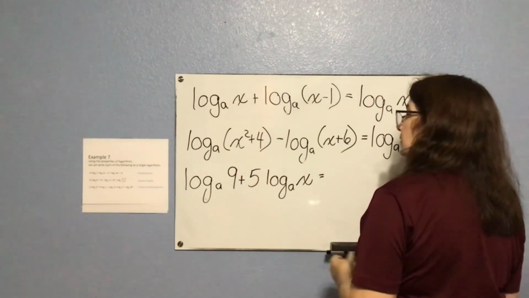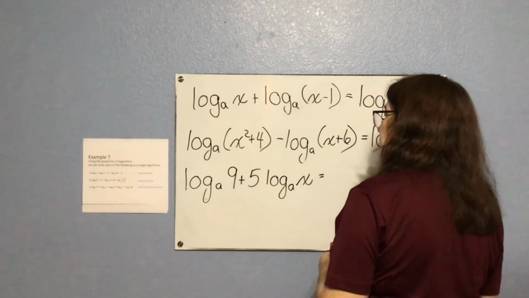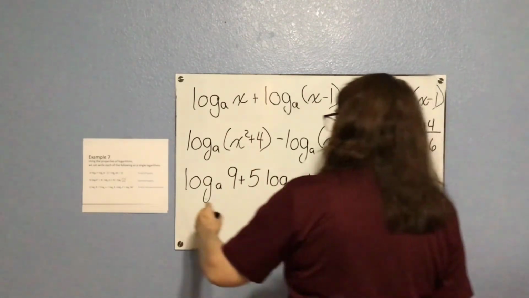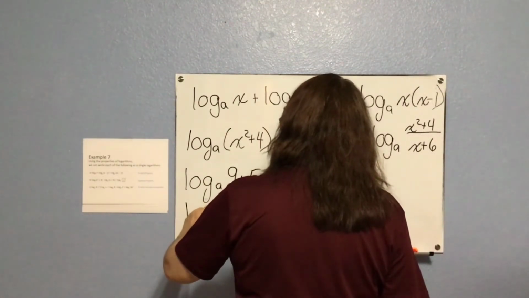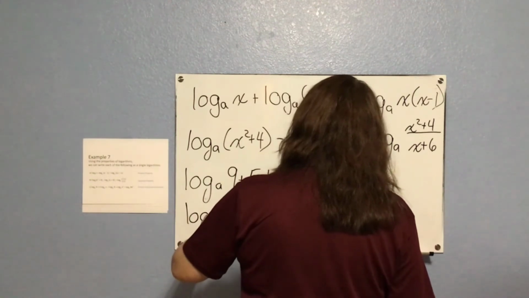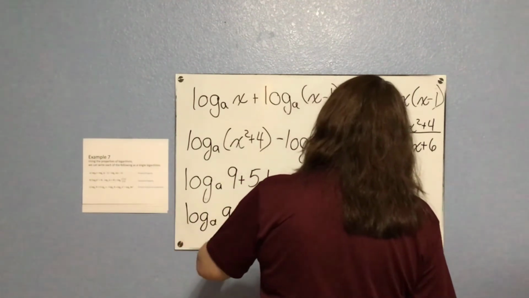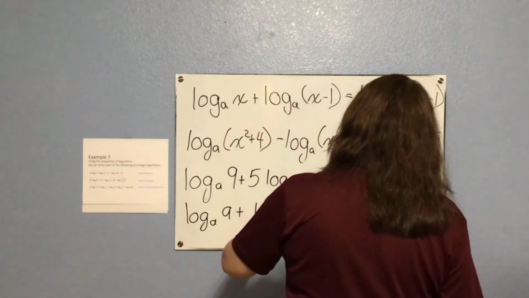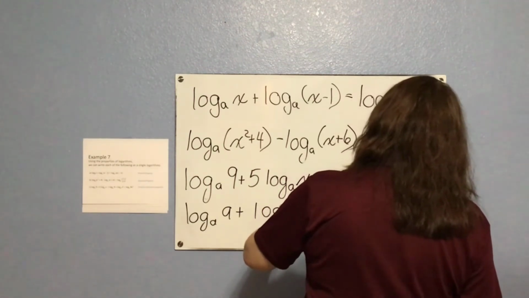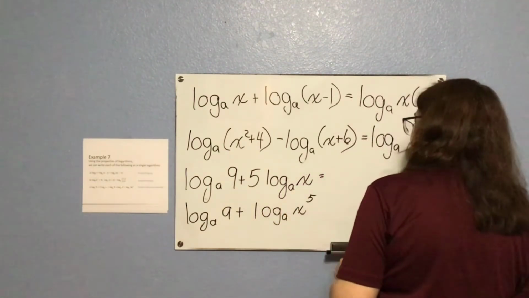What I can do is use the power property, and I'll rewrite this as log base A of 9 plus log base A of x to the 5th power.